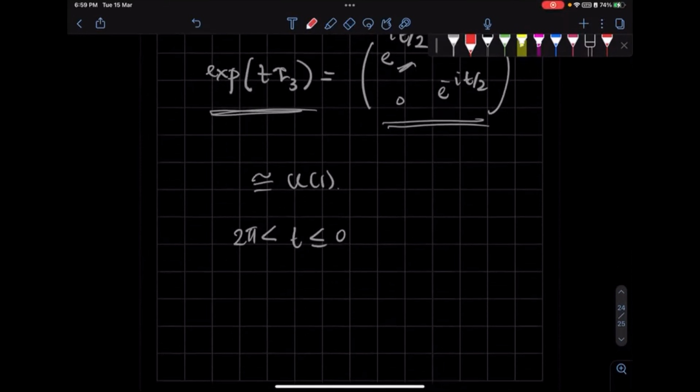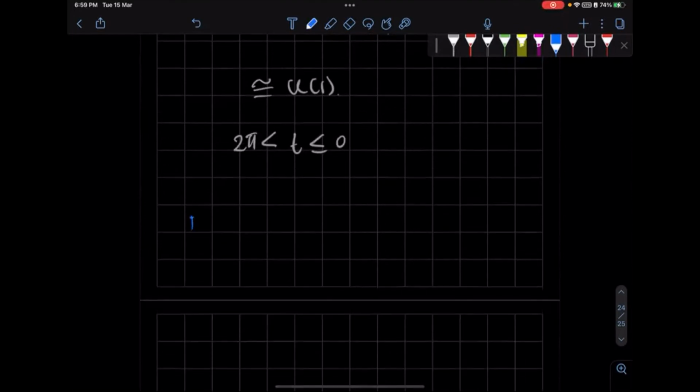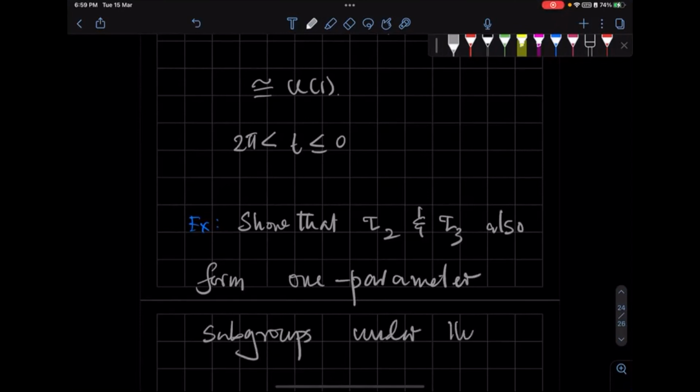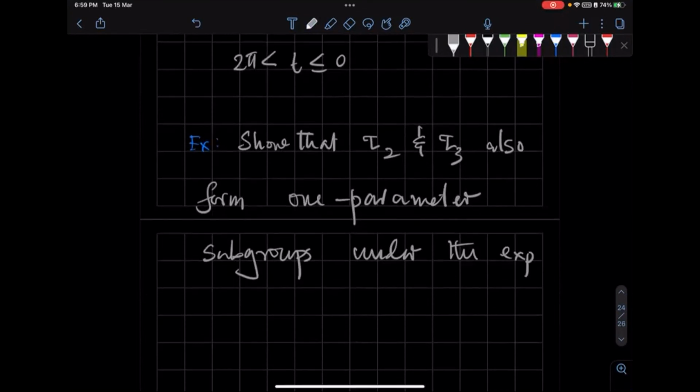Now, as an exercise, I want you to show that tau 1 and tau 2 also form one parameter subgroups under the exponential map.